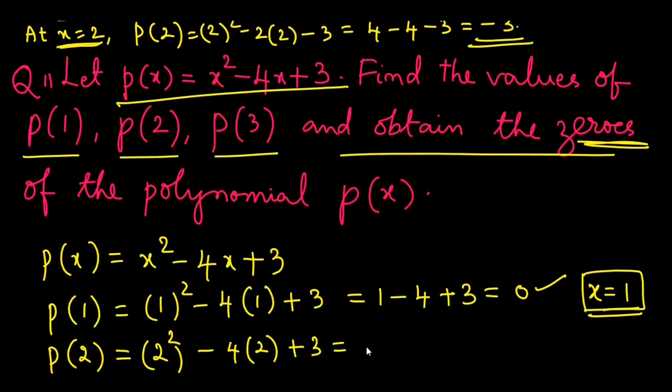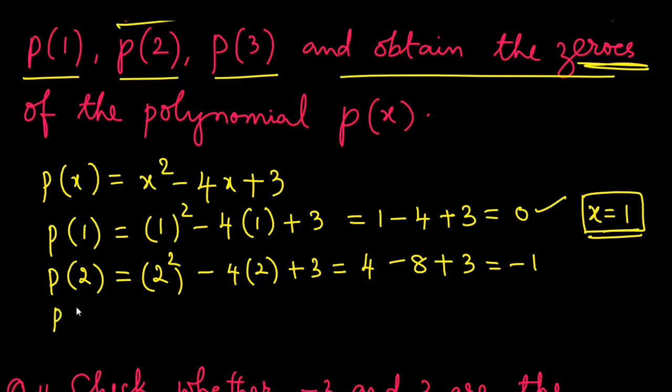This becomes 2 square is 4, 4 into 2 is 8. So minus 8 plus 3. 4 plus 3 is 7. 7 minus 8 is minus 1. Here the value of polynomial is minus 1. We have not got 0. So x equal to 2 is not 0 of this polynomial.